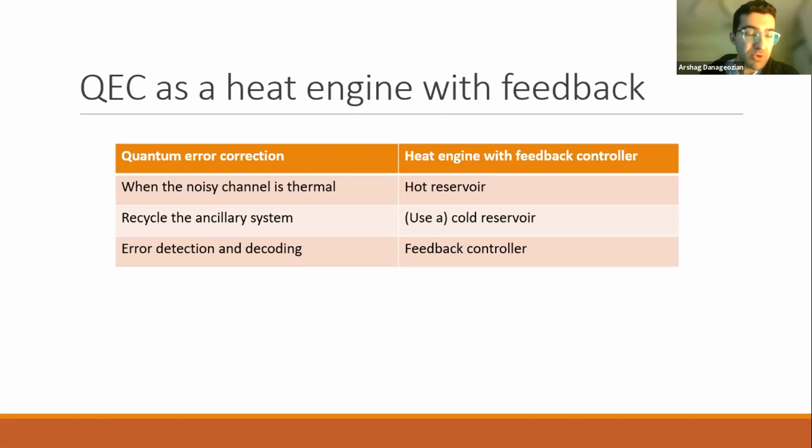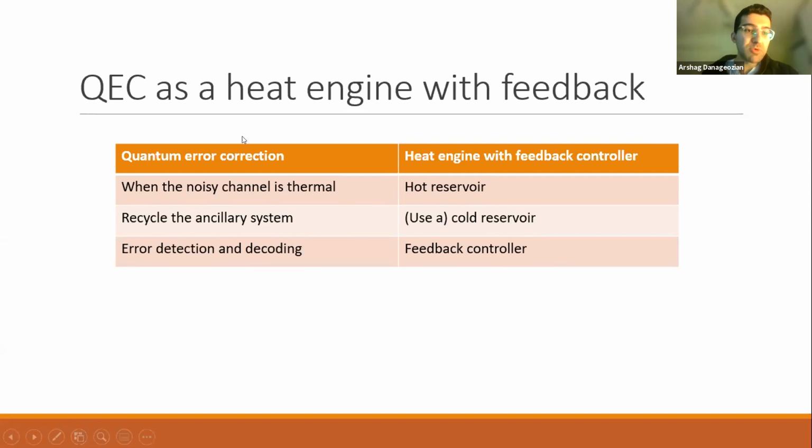When you go into quantum computing and stuff like that. So the corresponding element within heat engine theory would be a hot reservoir. You would like to recycle your ancillary system. In our case, those were the two additional bits that we added. And in the heat engine case, this will correspond to using a cold reservoir to do the recycling.